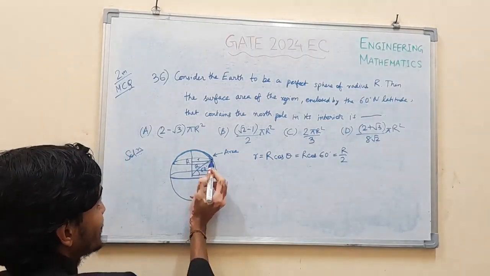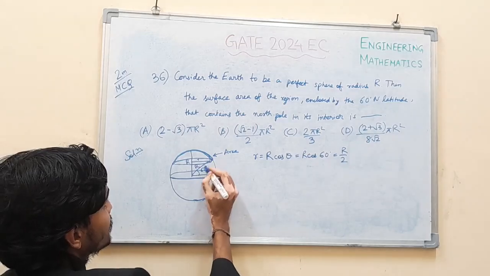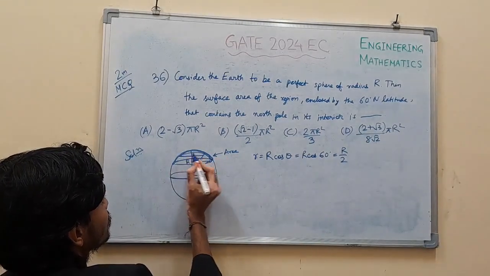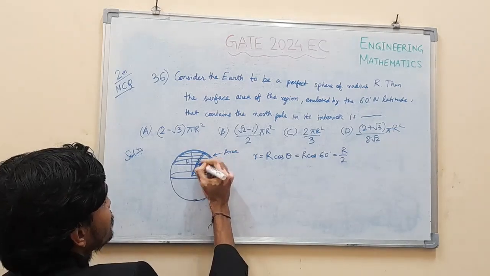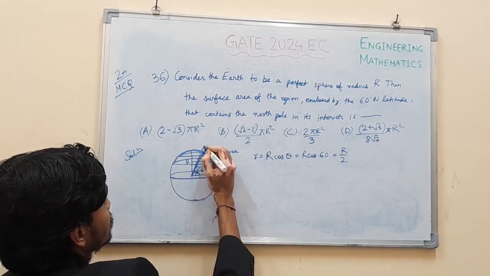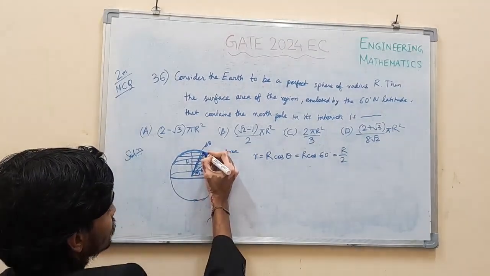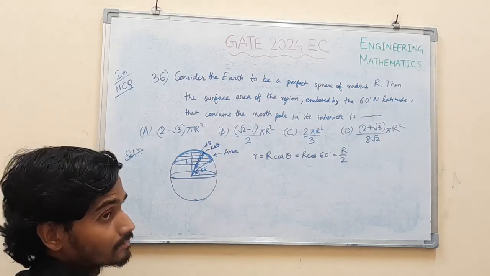Now consider any general surface strip of subtending angle, which we take for integration, say theta, and the angle difference is d theta. What is the length of this thickness? This will be R d theta.